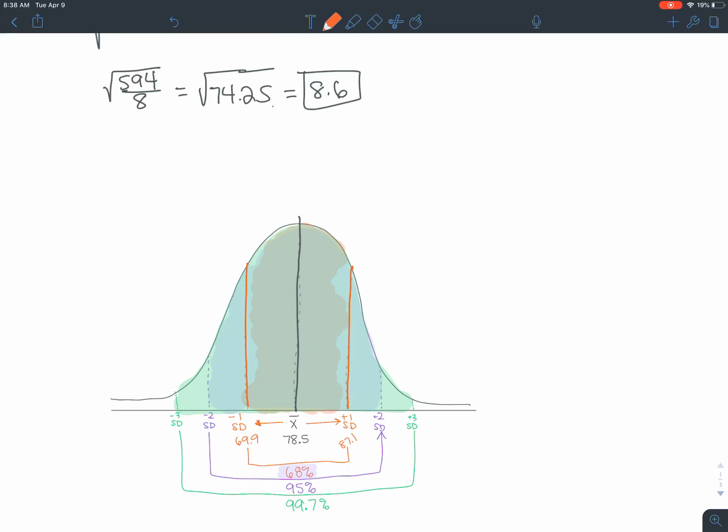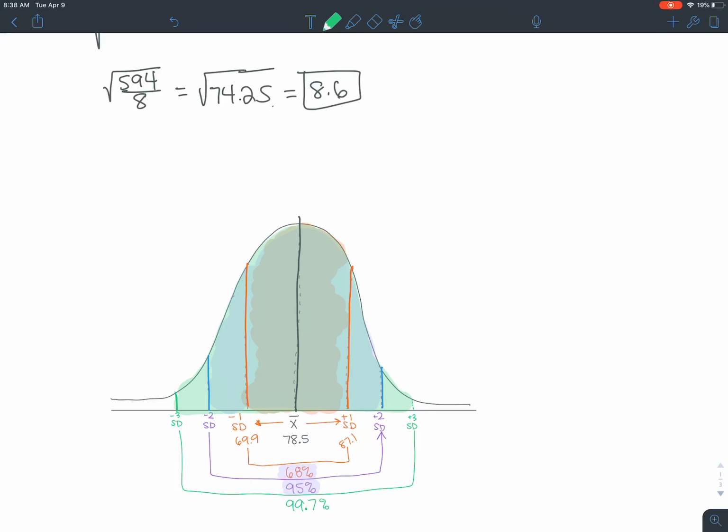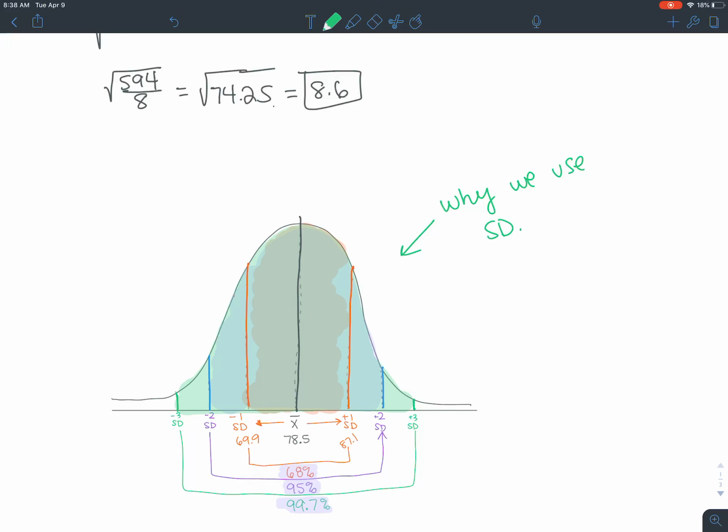If you go another standard deviation out, so 2 out, that includes around 95% of our data. And then you could go a third time, in which case you're only missing 0.3%, and that includes 99.7%. Now, you don't necessarily need to know this graph, but I wanted to show it to you to explain why we use standard deviation.